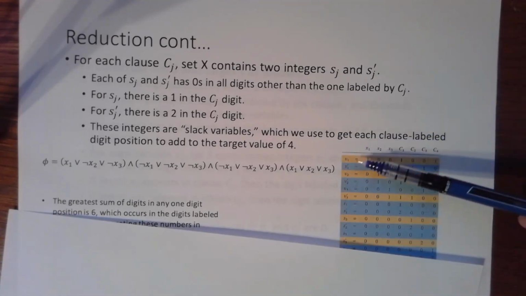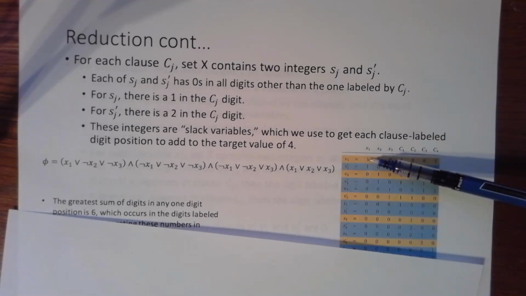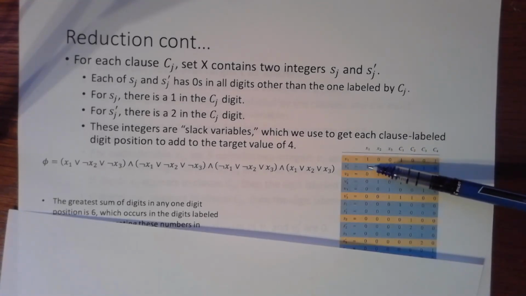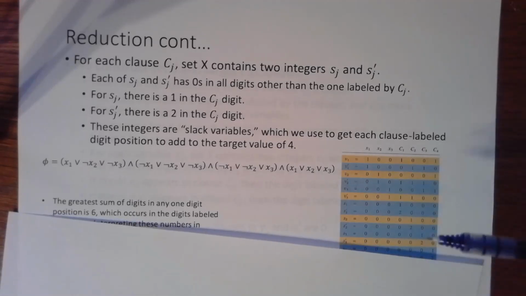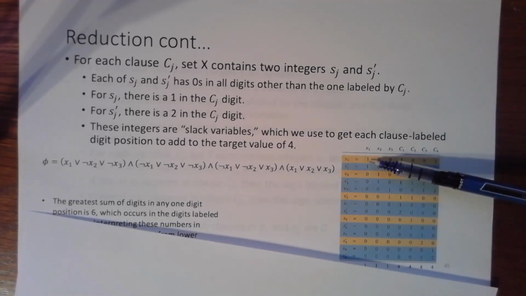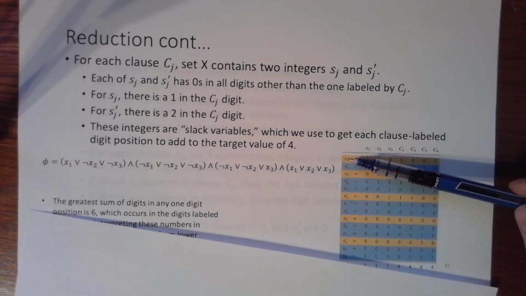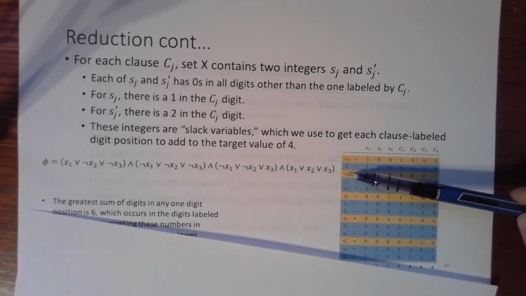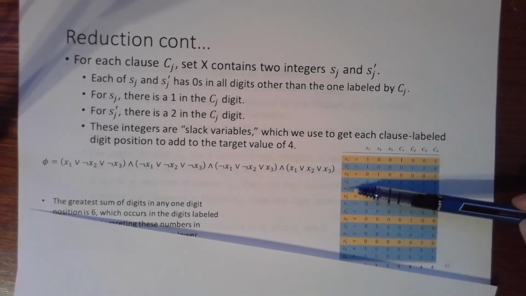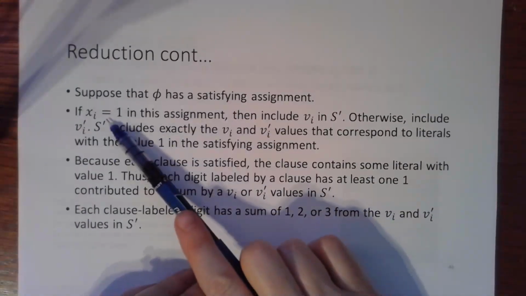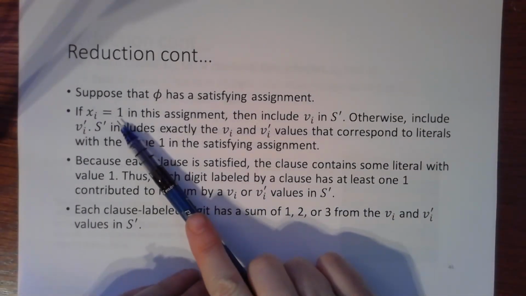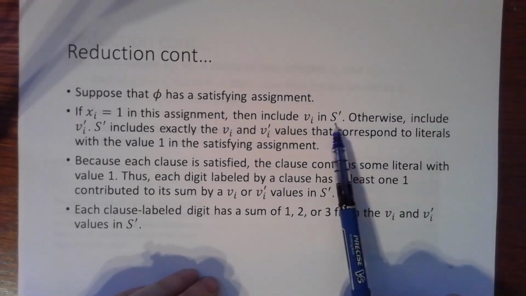So I'll choose the value to go in my set based on whether the 1 came from V1 or from V1 prime. That's how I will choose between V1 and V1 prime, between V2 and V2 prime, and between V3 and V3 prime. I look at whichever one is 1 and include that in my subset.